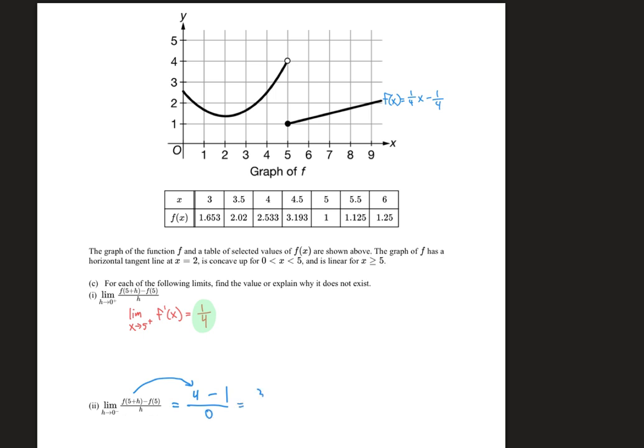So you get 3/0. So remember, before we got 0/0, which is an indeterminate value, which means we had to do more work. Here, you don't do more work. Whenever you get something over 0, that means the limit doesn't exist. And if the limit doesn't exist, since this is the definition of derivative in terms of a limit, then the derivative doesn't exist.